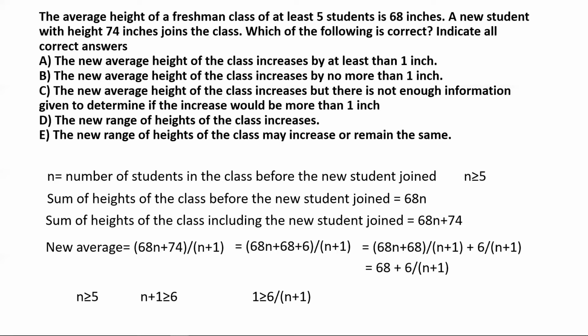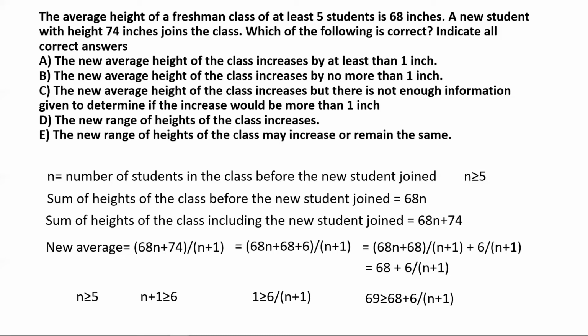And then if we add 68 to both sides, we have 69 on the left side, and the inequality becomes 69 ≥ 68 + 6 divided by (n + 1). I'm trying to essentially bring the new average on one side of the inequality.